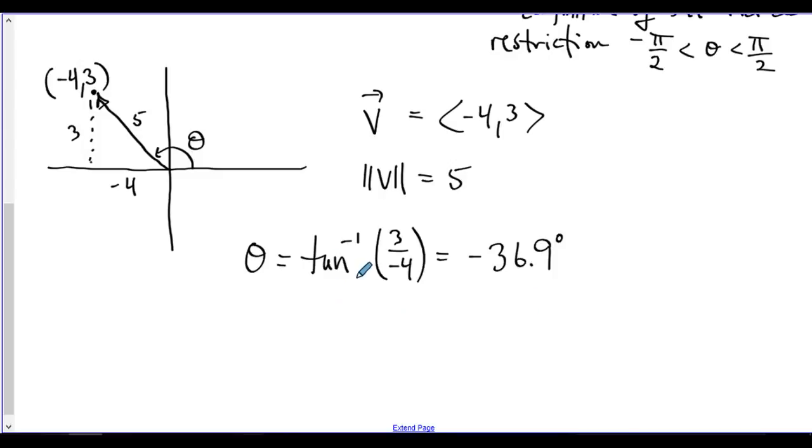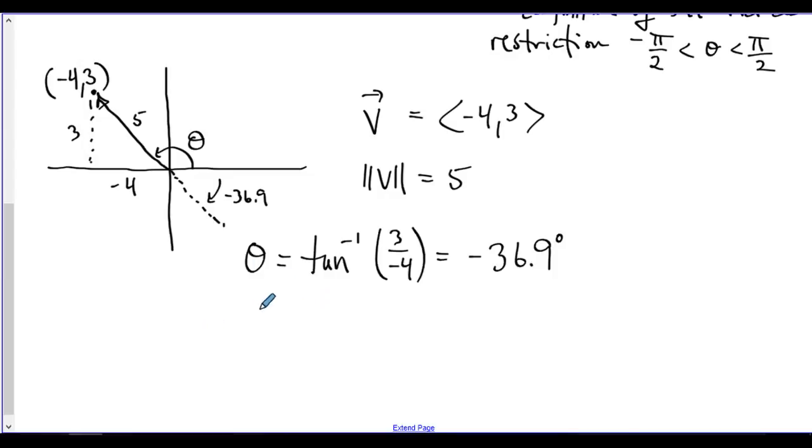So now, the trouble with this is because of the restriction on the angle for the tan inverse, what the calculator is doing is producing this angle, negative 36.9 here, which is not the correct angle to locate that position if you put the angle in standard position.